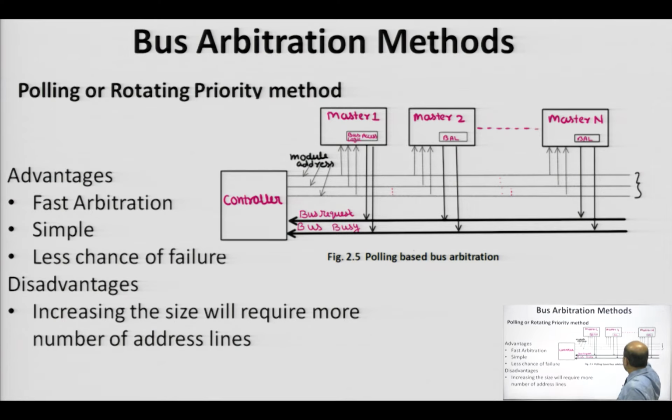They request the bus through a bus request channel, and acknowledging to the controller that I am using the bus can be given through a bus busy channel. If they are using the bus, they can issue the bus busy signal through a bus busy line.